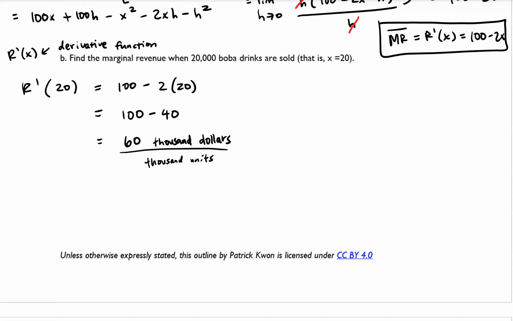So how do we interpret that? That means that because the marginal revenue is used to approximate the revenue from the sale of one additional unit, that means that the expected revenue from the sale of the next 1,000 boba drinks will be approximately $60,000.